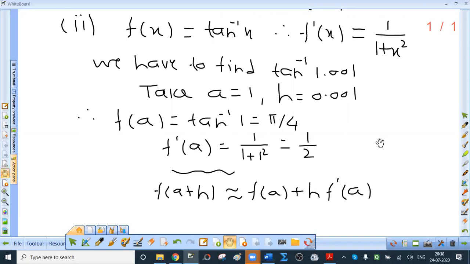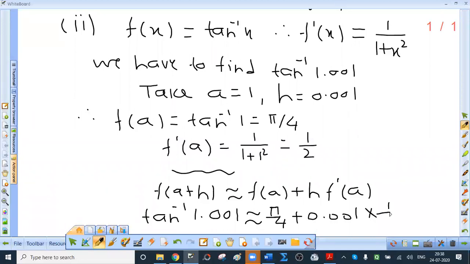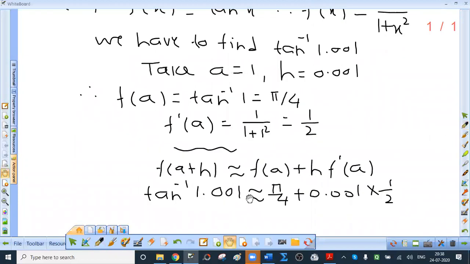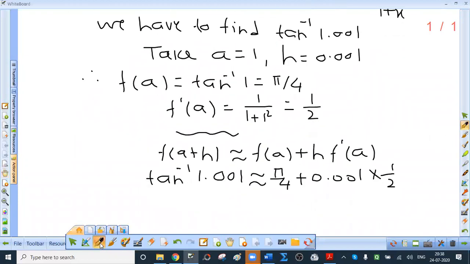So it will be tan inverse 1.001 approximately pi by 4, h is what? 0.001, same, into half.